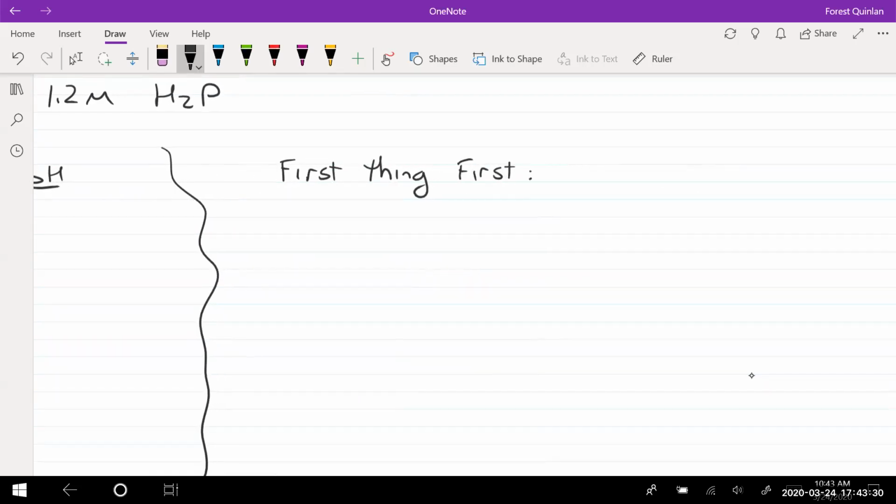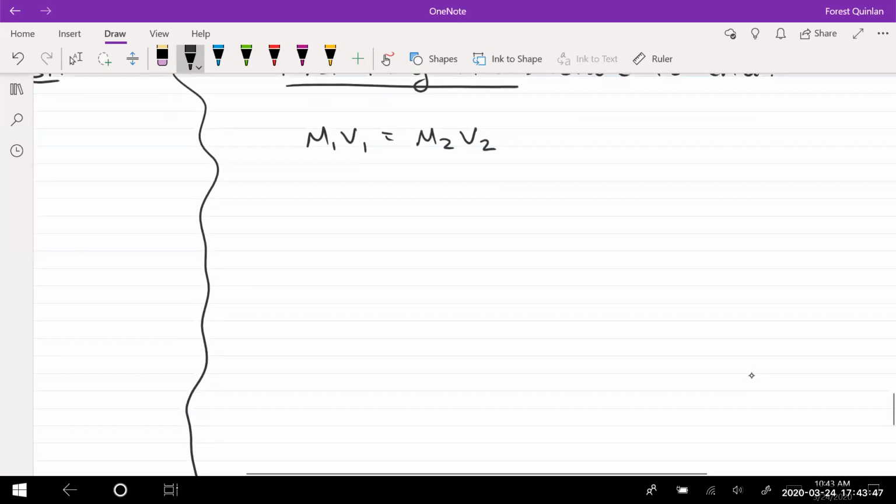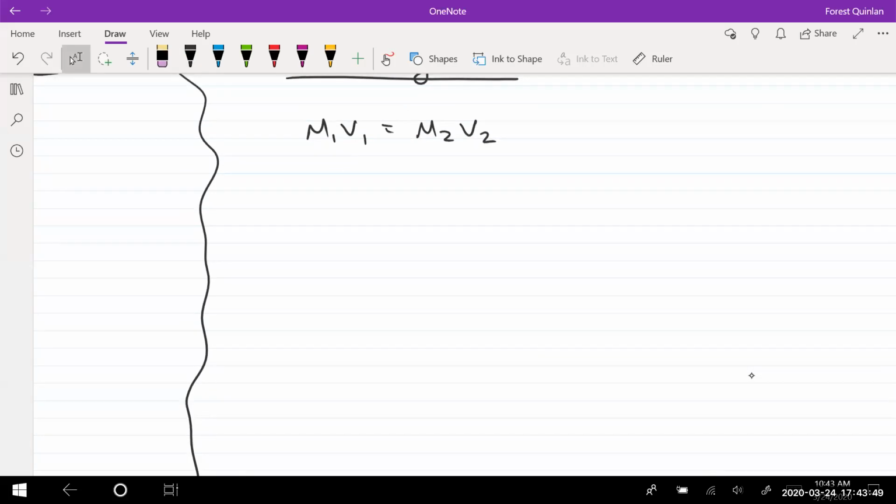First things first, where to end? All right, Kimchi just pointed out that this is going to be M1V1 equals M2V2. And so we have our 1.2 molar and 100 mils is equal to 0.8 molar.